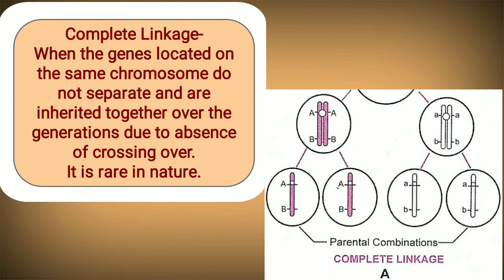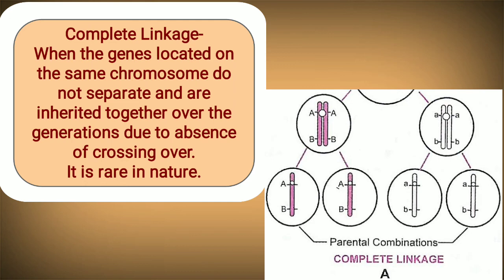When the genes are not separated by crossing over, then only we find complete linkage in nature, and this is quite rare, because the strength of a linkage can be affected by the distance between the two linked genes.